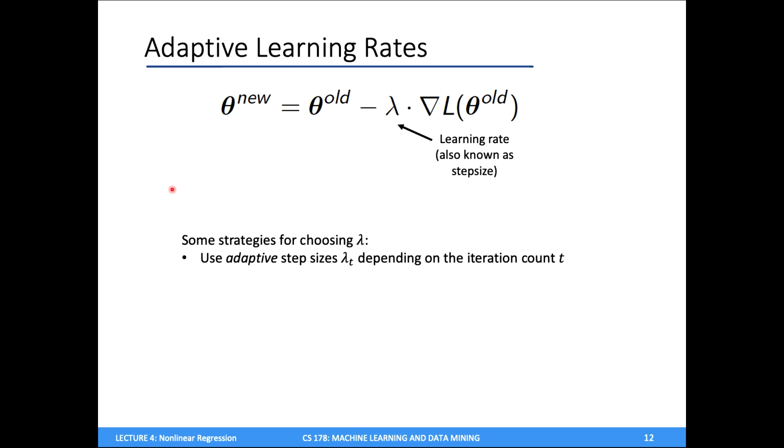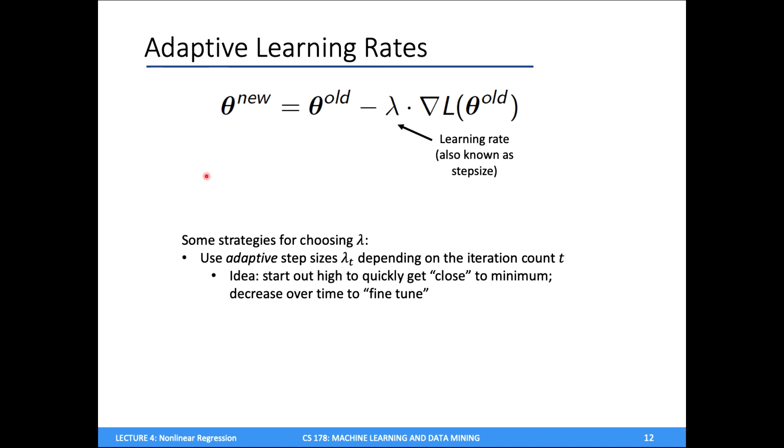Another strategy you can use for choosing this learning rate, which is a little bit more advanced, is to use an adaptive step size. What I mean by an adaptive step size is that our learning rates now depend on the iteration count t. So if I take t steps of gradient descent, I'm going to let my learning rate depend on that step count.